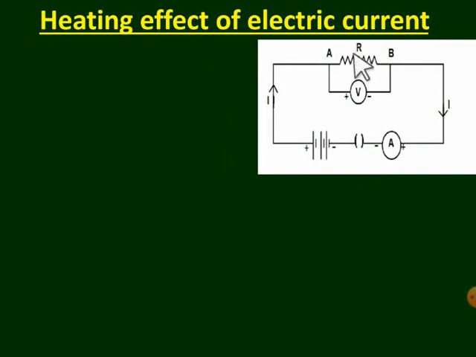In doing so, the cell needs to do some work against that opposition. So some work must be done. That amount of work done in transferring those charges from low potential to high potential will be produced in the form of heat.